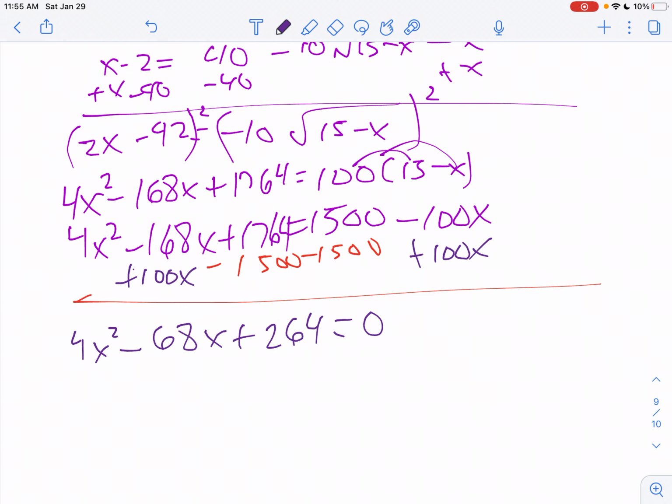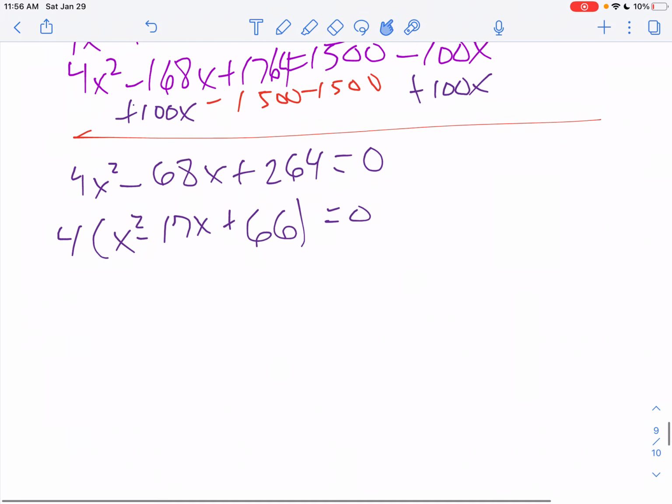Now I do believe 4 goes into all of them, so we'll factor out a 4 here. So we get 4 times x squared minus 17x plus 264 divided by 4, that would be 66, equals 0. Now, let's factor that.